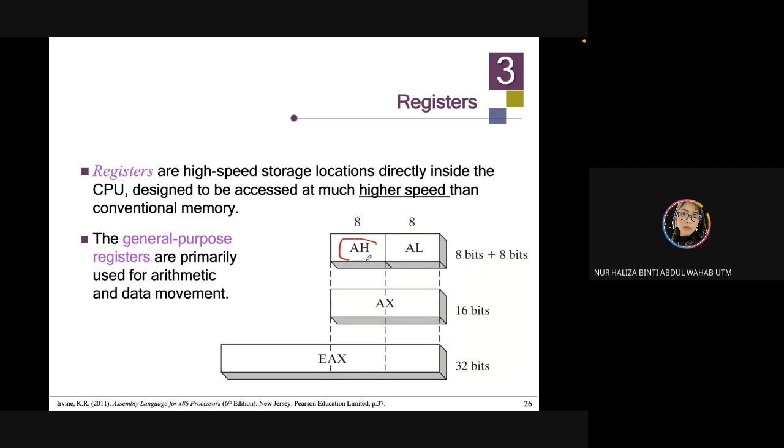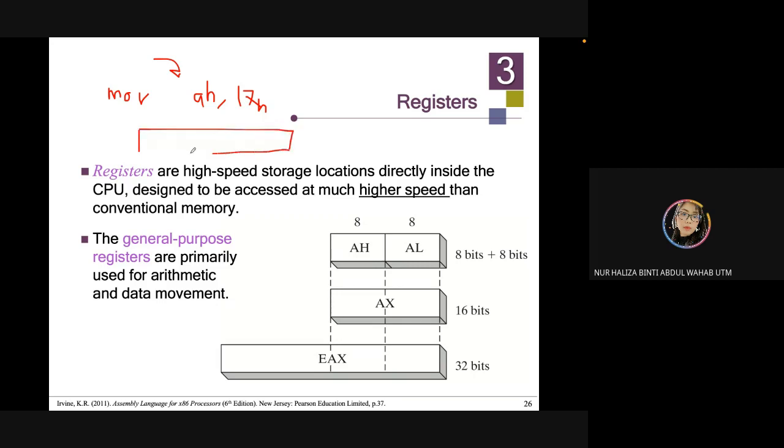If AH, then you know it is 8 bits. Example: move AH, 17H. H means hexadecimal value, and I want to put it into my register AH.